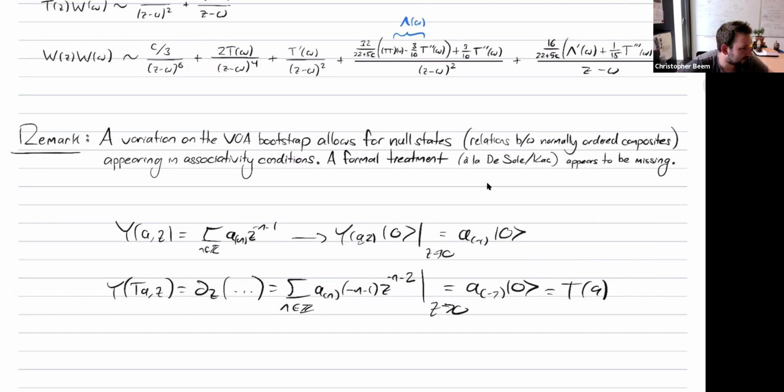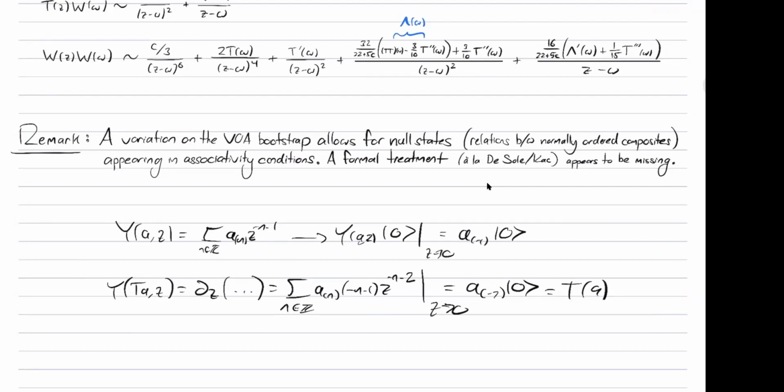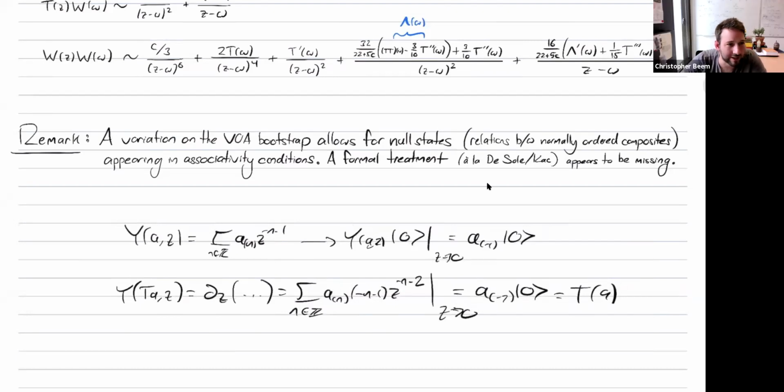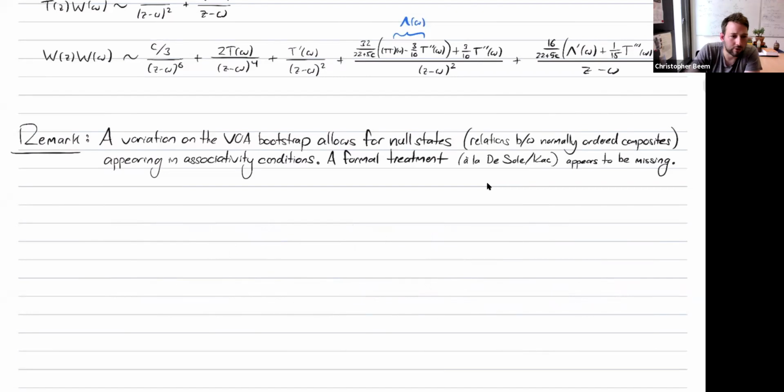A strong generator is something which is not the normal ordered product of any other things, and it's not the derivative of something. Oh, okay. Yeah, it was probably just for brevity. If we were using some sort of SL2 language, you would say that it should be a primary or a quasi-primary.